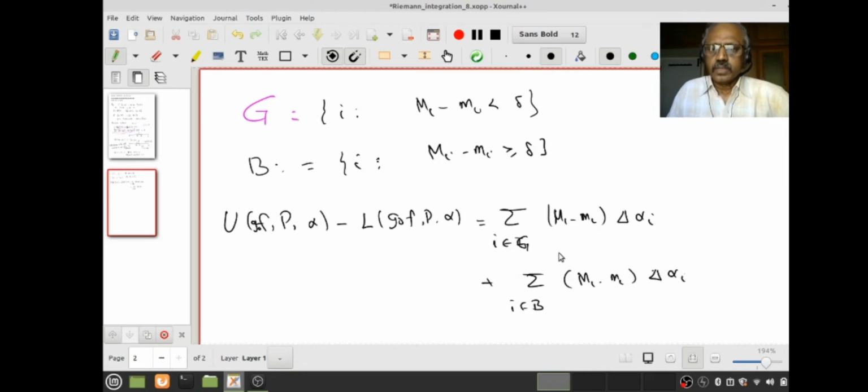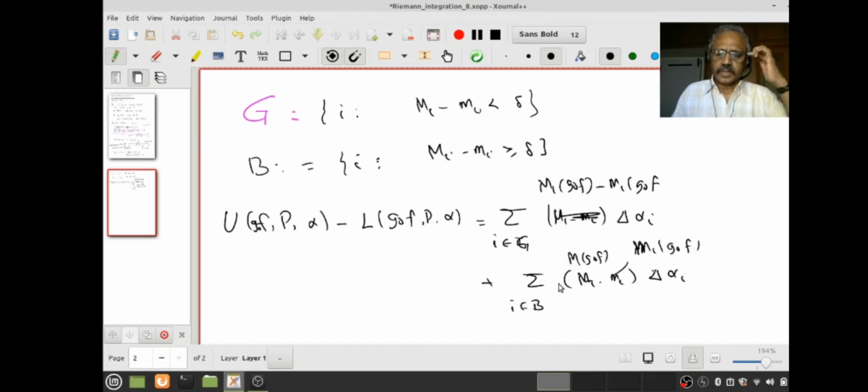So what do I know? This fellow, I'm sorry, Mi of G composite f minus mi of G composite f. Now what did I know? This capital Mi is Mi of f, and small mi is mi of f, you understand?